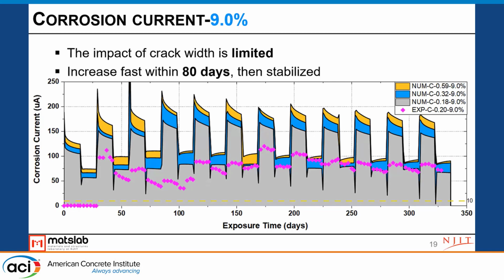From this series of simulations and tests, we can observe that the impact of crack width itself is limited, because when we have an initial crack of 0.18, we see a significant amount of corrosion. However, when we increase the crack width, the corrosion itself is not increasing proportionally.